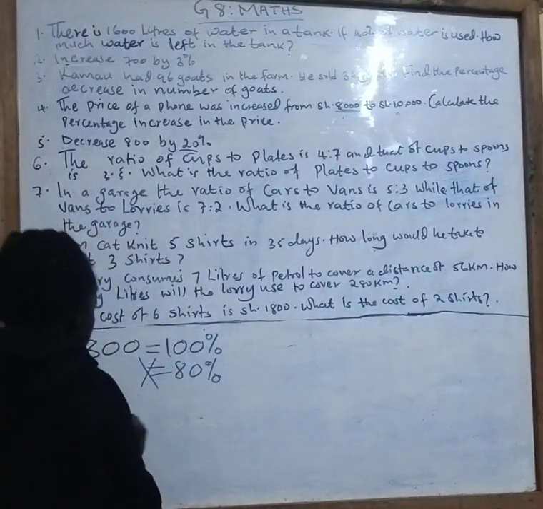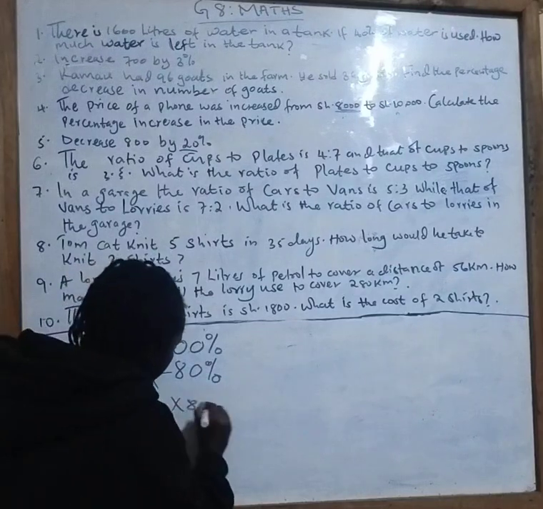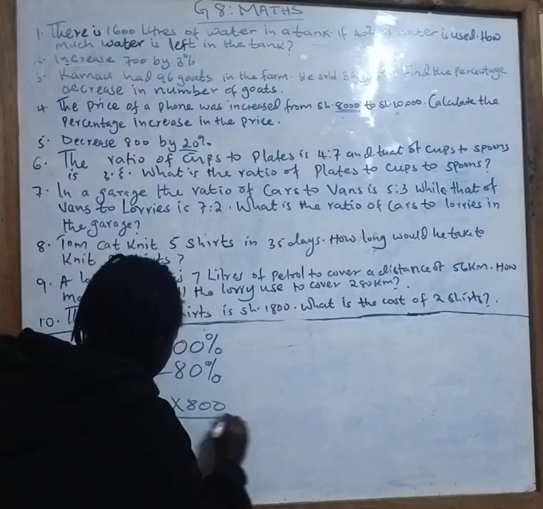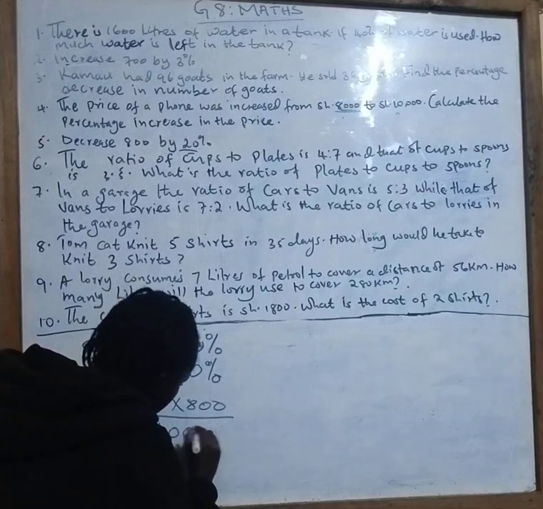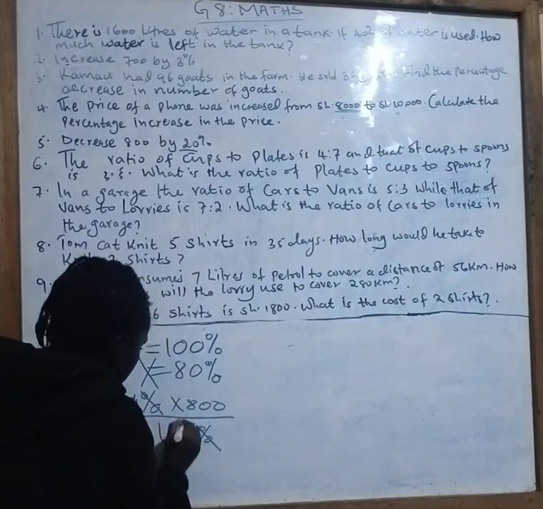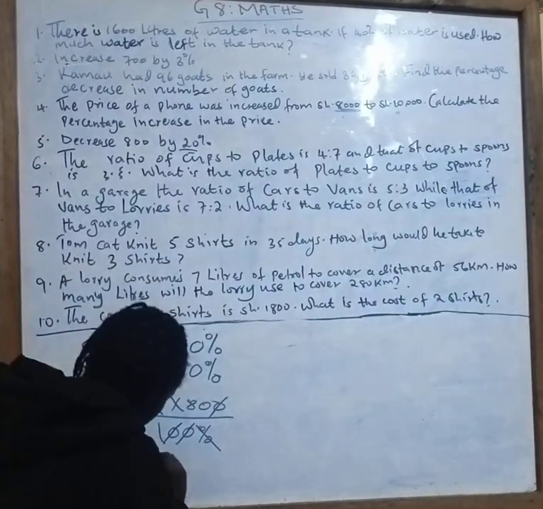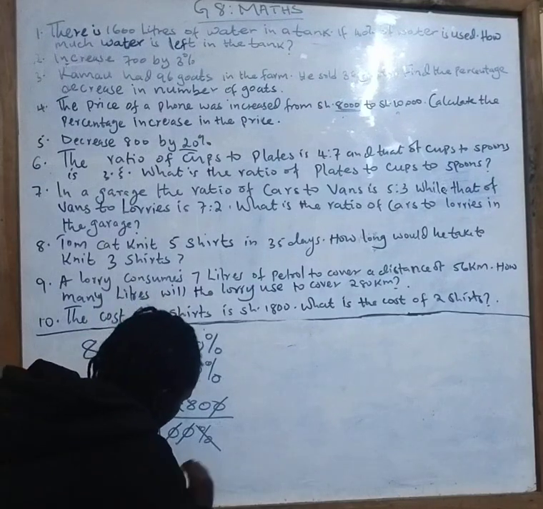We'll cross multiply. 80% times 800 over 100%. Percent and percent. Your answer is 640.